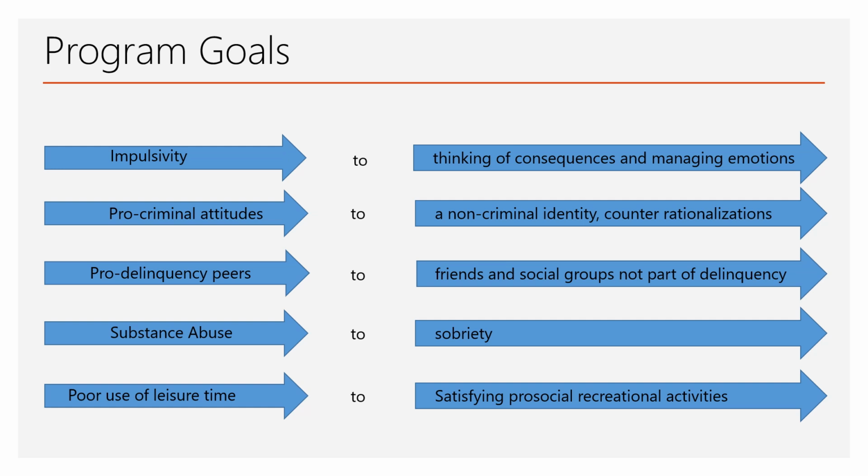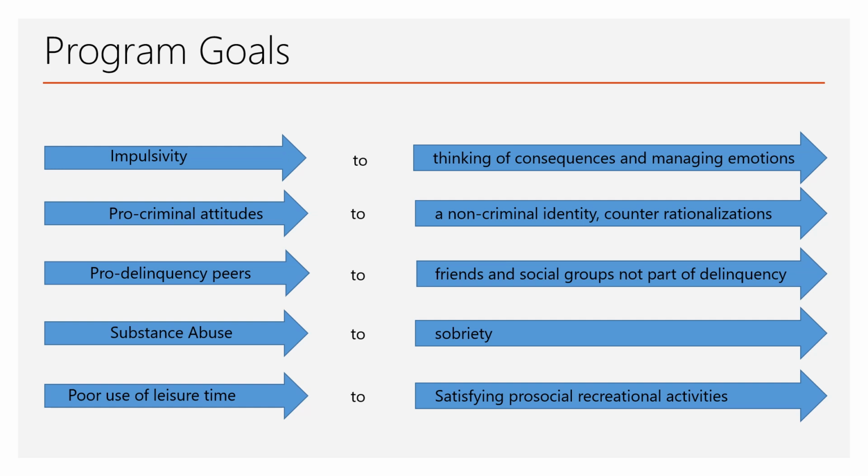So for example, when we're looking at somebody who's very impulsive, right, how can we help them to be able to think about consequences and control their emotions? Somebody who has pro-delinquency peers, what are the strategies we can use to help them develop a friendship group that's not involved in delinquency?